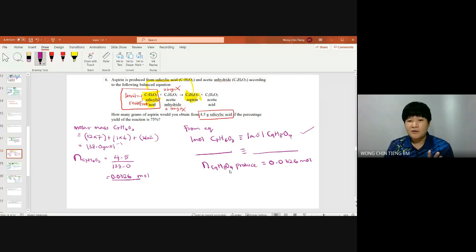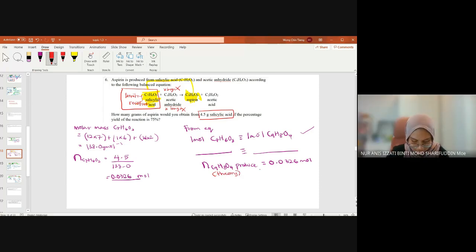So, when you have the number of mole produced already, I just want to let you know, this is your actual or theory. Anybody? Anis Izati? This is your actual or theory. Teori. Kenapa teori, sayang?